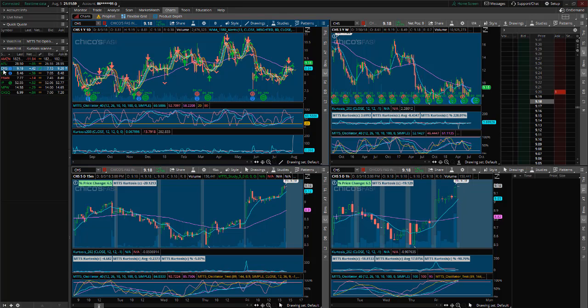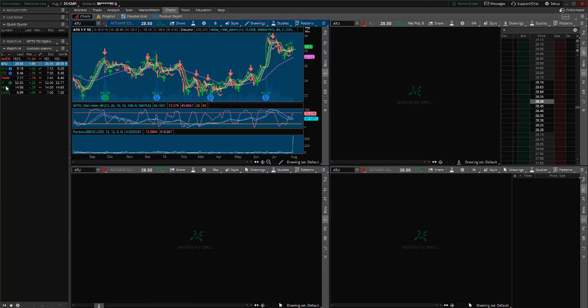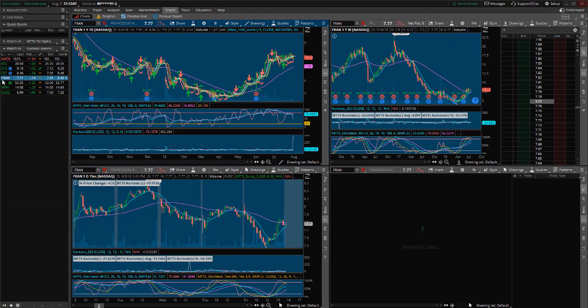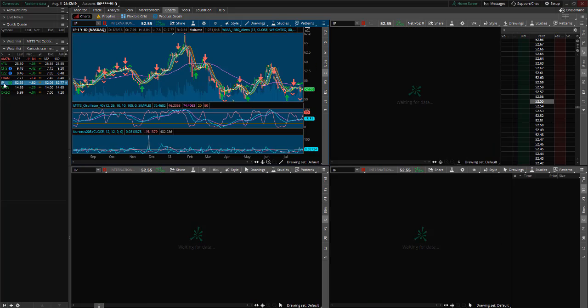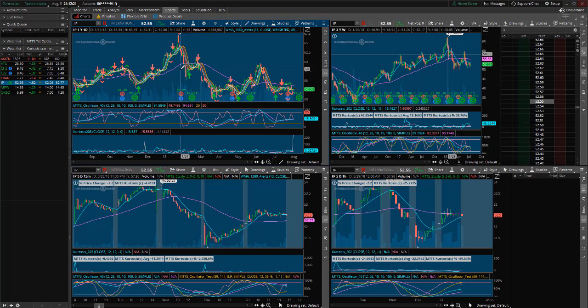It looks more bullish than ATU. Fran, not a fan. It has a kurtosis spike while the MTTS oscillator is going down. Also, weekly is not very convincing as well. So we'll keep an eye on that and see what it does. It's probably going to come back down.